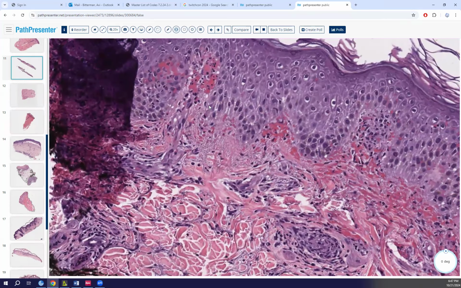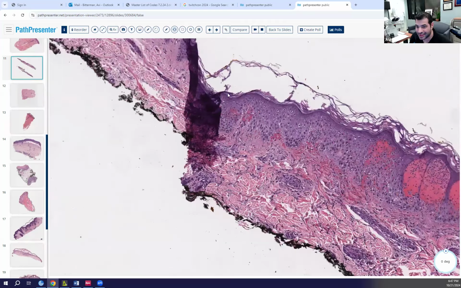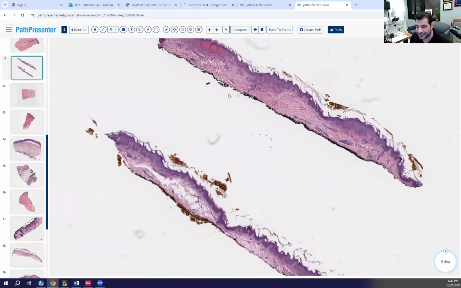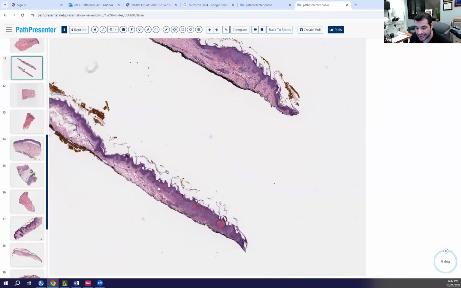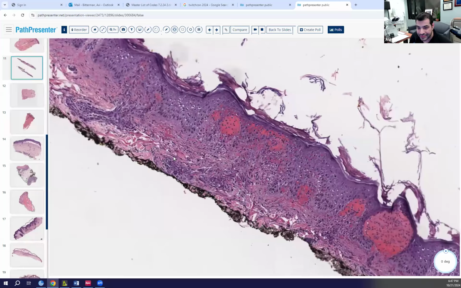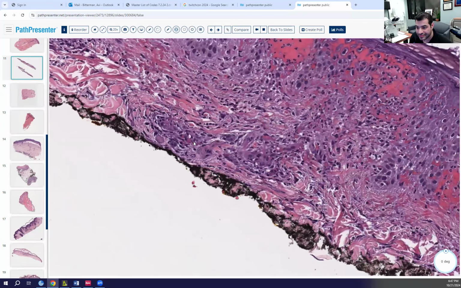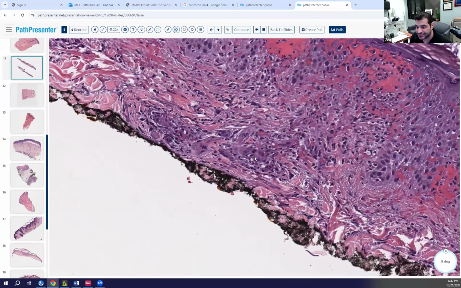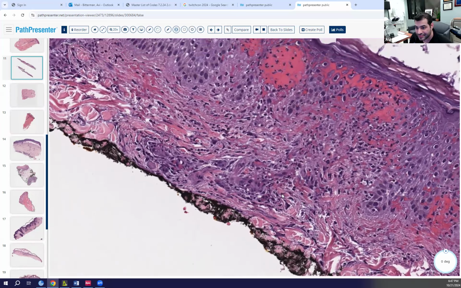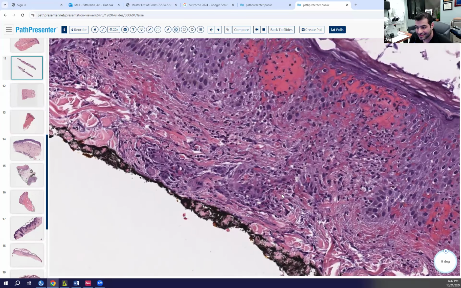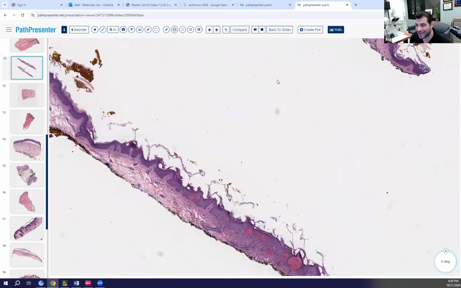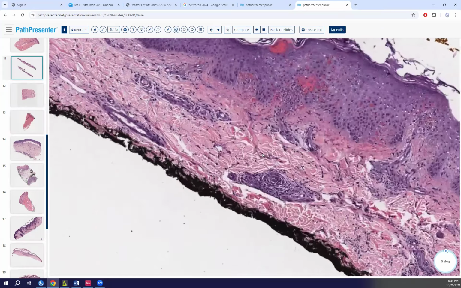I'm looking for blood vessels. You're looking for blood vessels. Good. So here are some blood vessels. Something's bothering you about the blood vessels. I can tell.